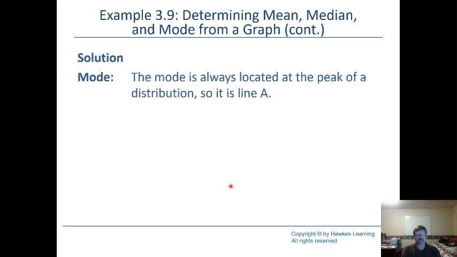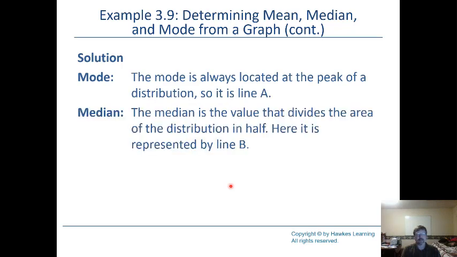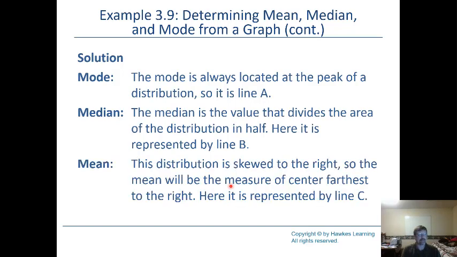Mode is located at the peak, so that would be line A. Median divides the area in half, so that is line B. And the distribution is skewed to the right, so the measure of center that's pulled farthest to the right is the mean. That would be C. It's a little hard to visually estimate where the area is cut in half, so you can do that by process of elimination. The mean is the one that's been pulled in the direction that's skewed, so the median is left.